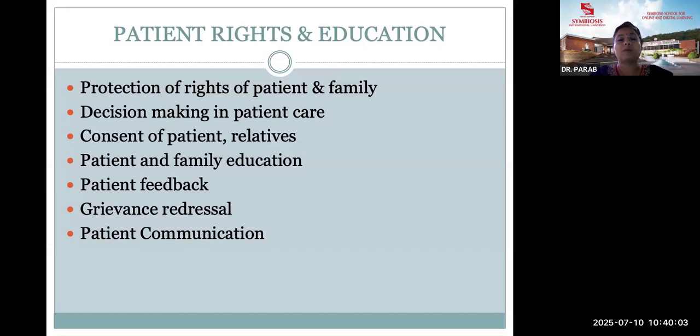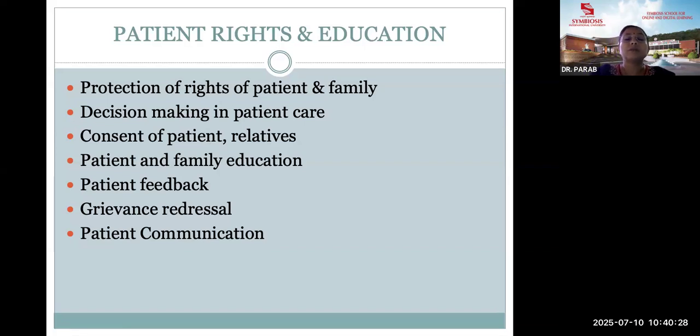Okay. When you talk about protection of rights of the patient, you're also referring to a few vulnerable patients where it is the responsibility of the hospital to take care of the privacy and the dignity of these patients. You're also talking about protecting the rights of patients who are in terminally ill conditions.